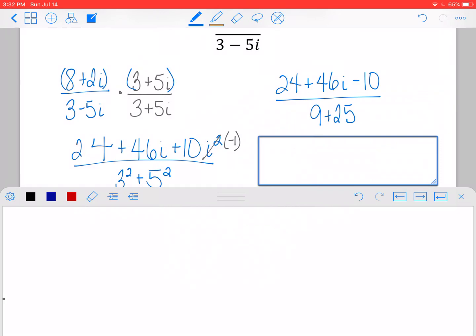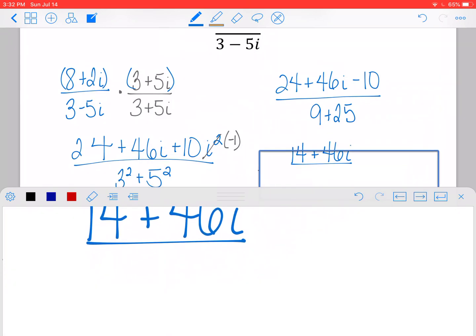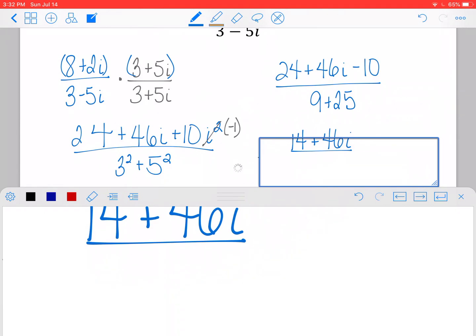Yeah, it'd be nice to be done here, but we can't. It asks us to write it in the form a plus bi. So right now we got a plus bi over a number. So we're going to separate that. So that we have 14 over 34 plus 46i over 34.